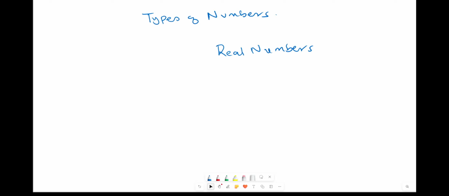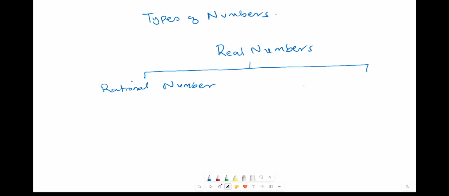Under real numbers, we have two types: rational numbers and irrational numbers. As in life, many things often come in twos.